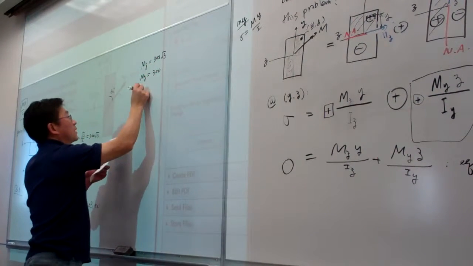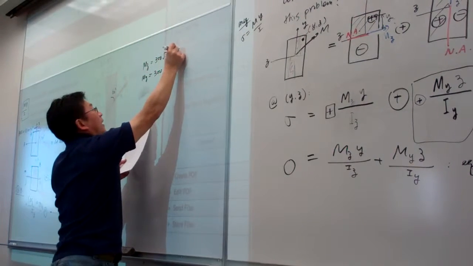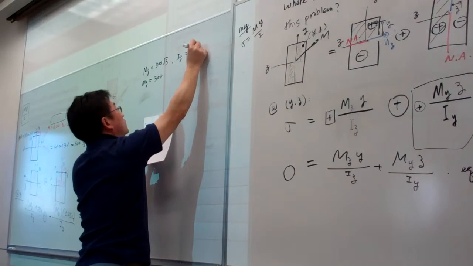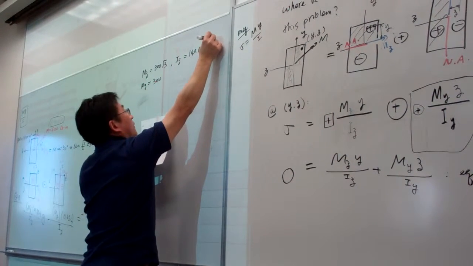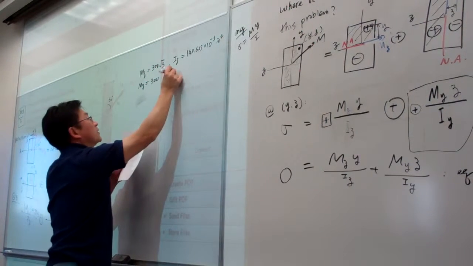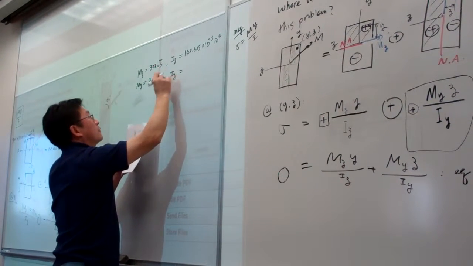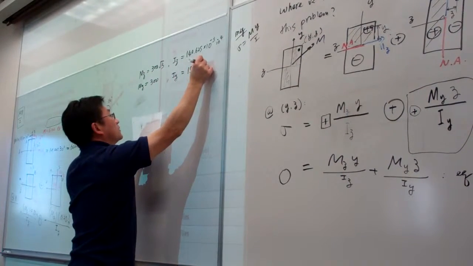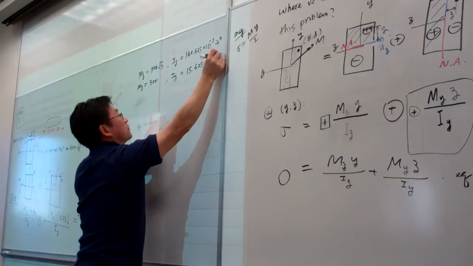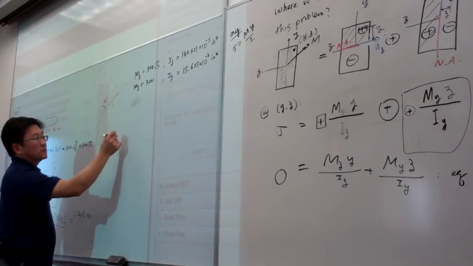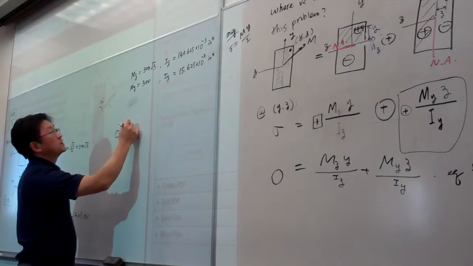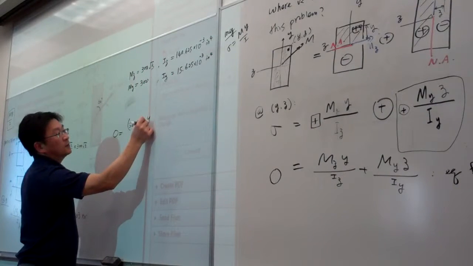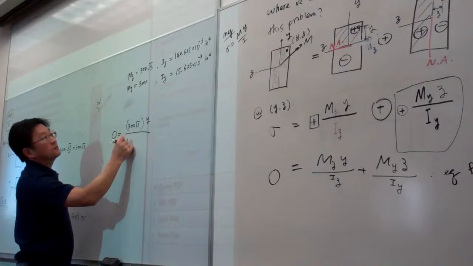This is 300, and Iz equal to 140.625 times 10 to the minus 3 inches to the fourth power, and Iy equal to 15.625 times 10 to the minus 3 inches to the fourth power. So we plug in everything here. So 0 will be equal to Mz, 300 square root of 3, times y divided by Iz, 140.